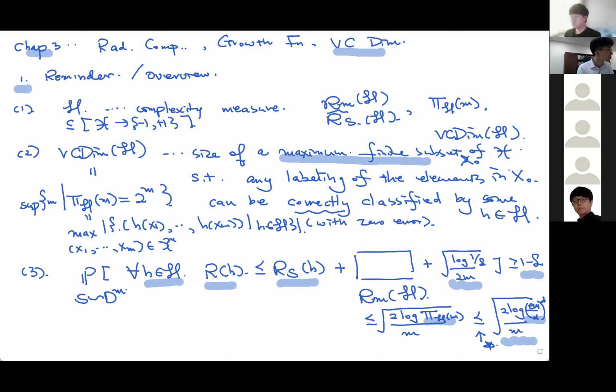This is corollary 3.18. That's what we're going to show, and the version of the upper bound with the VC dimension is going to be corollary 3.19. So that is the final outcome.